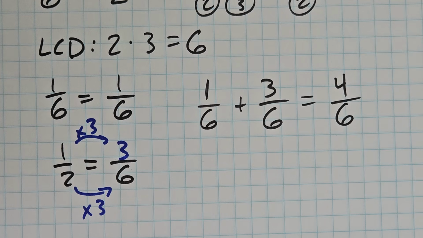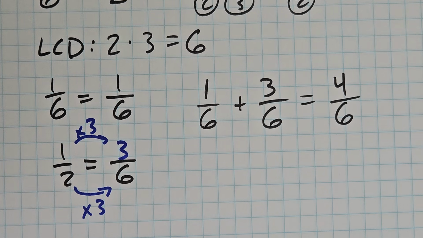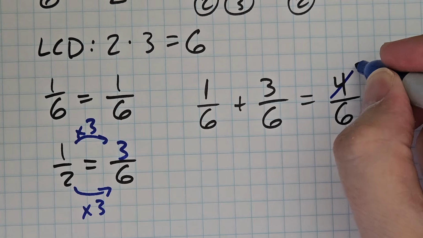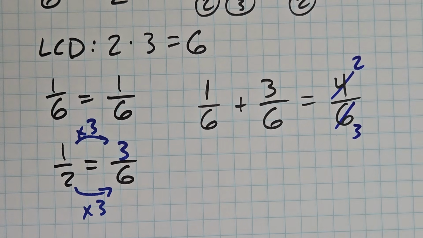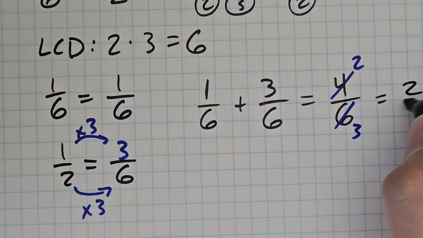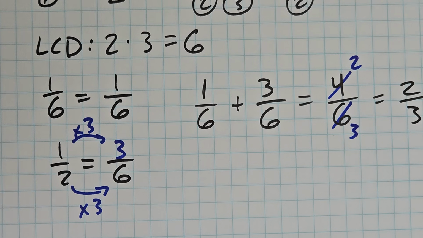Now we have one more step to do, and that's true for any fraction operation that we do. After we do any kind of fraction operation, we should reduce. Okay, so we need to reduce the 4/6, and both of these reduce by a factor of 2. 4 divided by 2 is 2, and 6 divided by 2 is 3. And so this whole thing becomes 2/3.